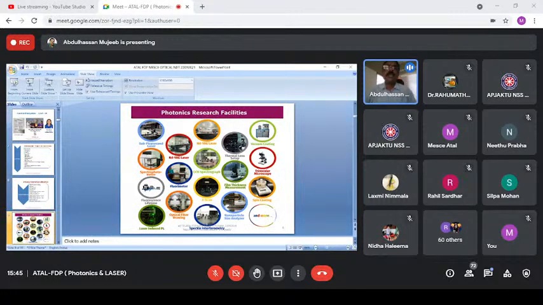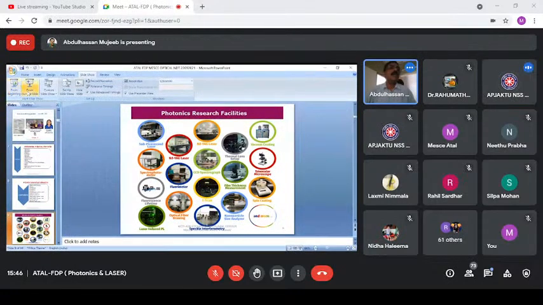Dr. Sunish, can you see this slide, Photonics research facilities? Let me make sure that it is visible. Yes, sir, but it is not in full screen mode. You can make it by pressing F5. This is fine. We can see the slides, but it will be more attractive if the presentation is in full screen mode. Actually, this is in full screen mode. Let me change the next slide.